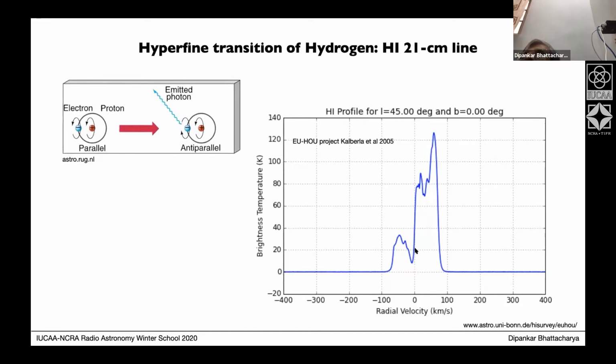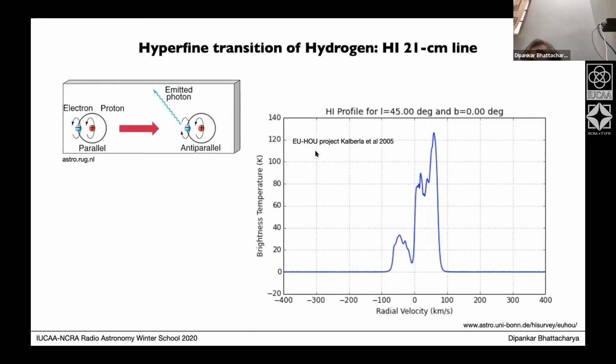What this shows is that these concentrations of hydrogen gas are located at different velocities with respect to us. And because of that, the Doppler shift is different. So this whole spread of this emission here is because of the Doppler shift of different pieces of gas being different, right?